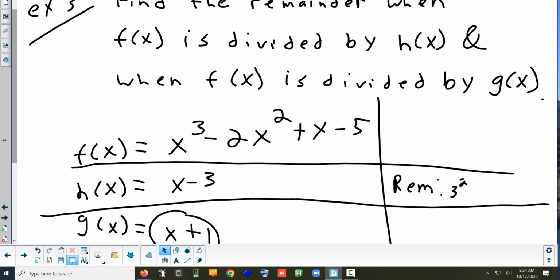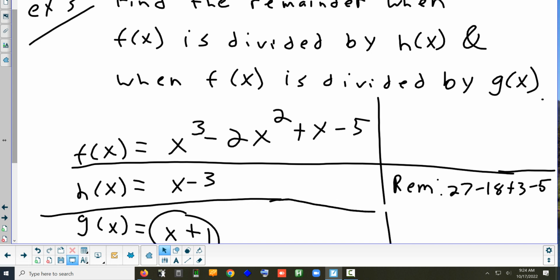So it's 3 cubed. Let's do some of it as we go. What's 3 cubed? 27. What's 3 to the second power? 9. Times 2, so 18, plus 3 minus 5. 27 minus 18 gives me 9, plus 3 minus 5.